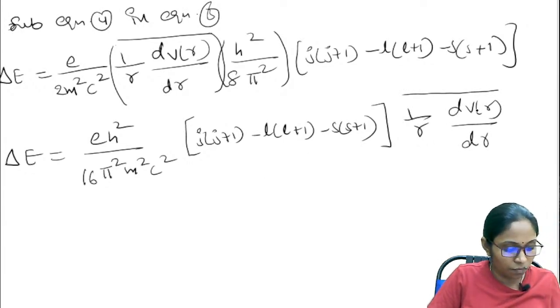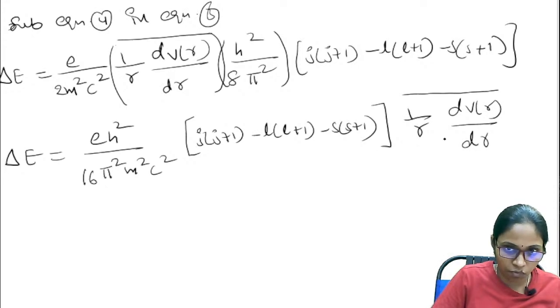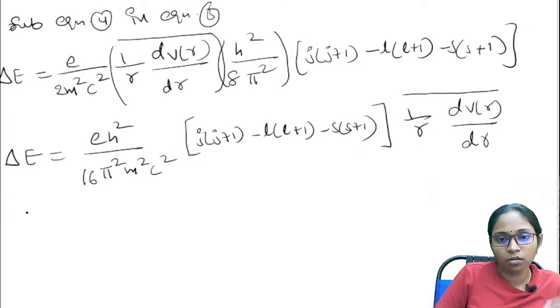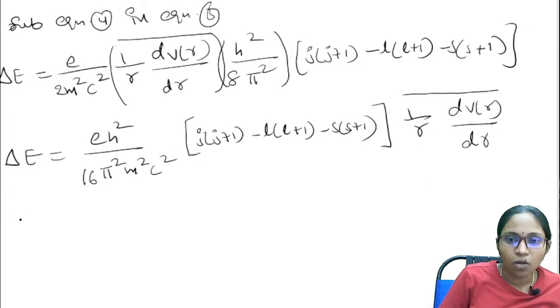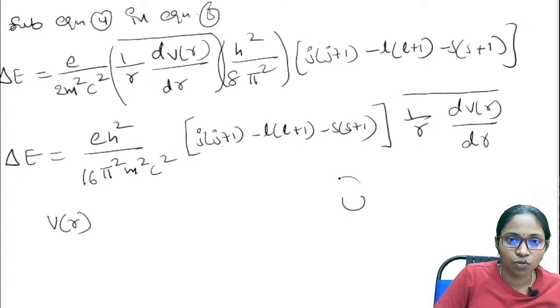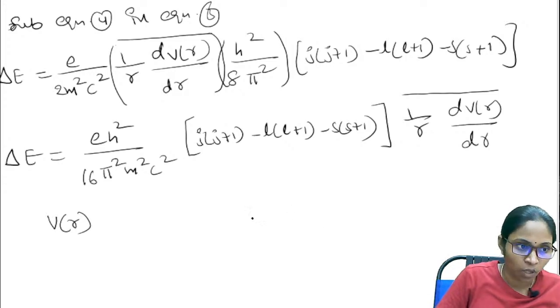So first of all we will find out this dV(r)/dr. From electromagnetic theory, we had already discussed the potential energy V(r). There I denoted it with U in our previous class. You just go through our live class, lecture number 2. Good evening Mansa.